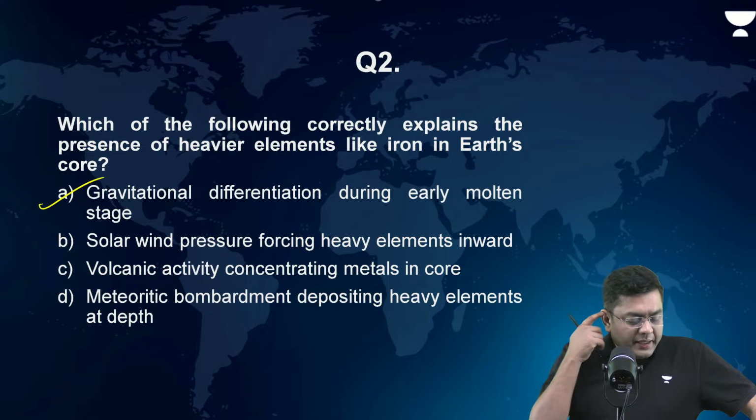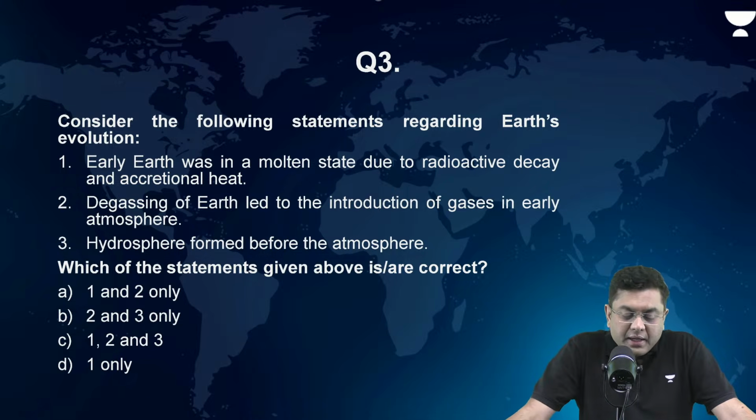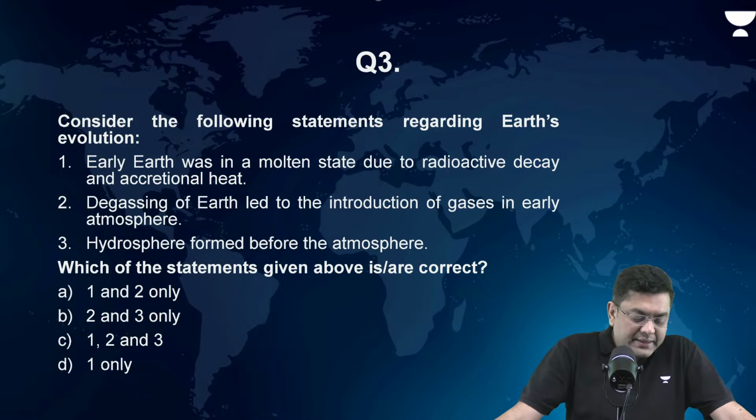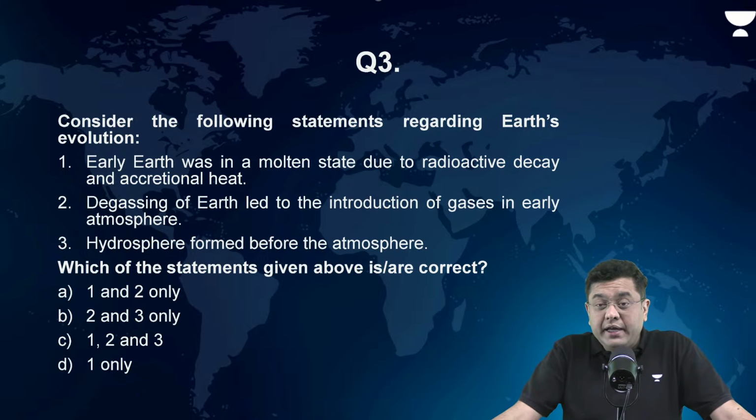Now, consider the following statements regarding Earth's evolution. Early Earth was in a molten state due to radioactive decay and accretional heat. Degassing of Earth led to the introduction of gases in early atmosphere. Hydrosphere formed before the atmosphere.